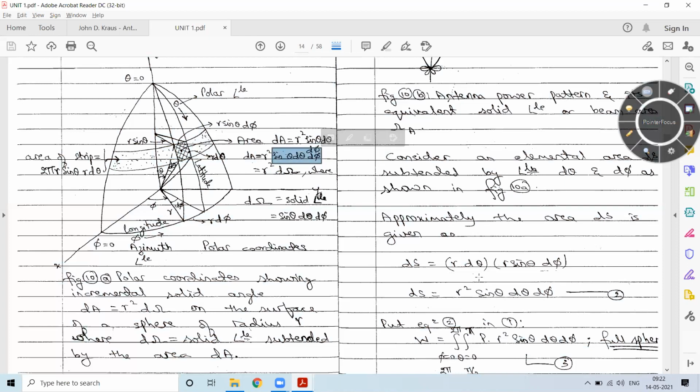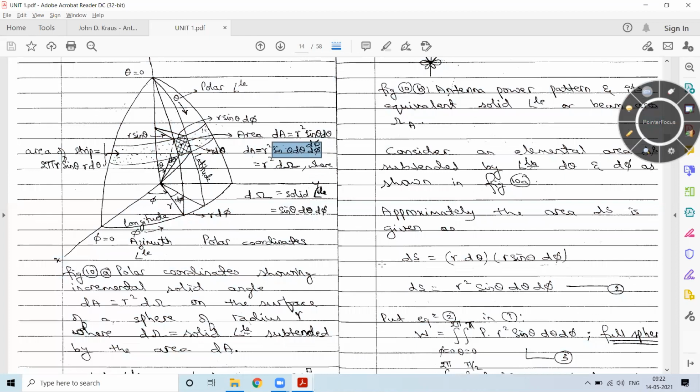So now I need to estimate sine theta d phi. What are d theta and d phi? These are the small elemental changes in theta and phi angles respectively.